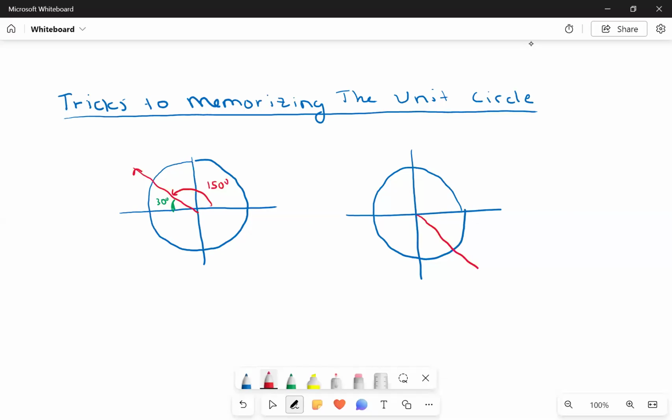Let's say this is 7 pi fourths, something like that. The reference angle is this angle right here, the closest angle that the line makes with the x-axis. Since the whole thing is 2 pi, in order to total up to 2 pi, this would be pi fourths. That's that reference angle.